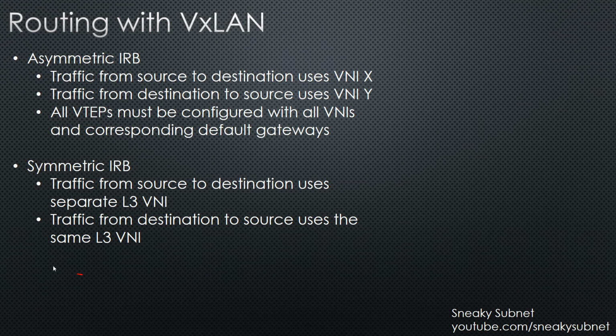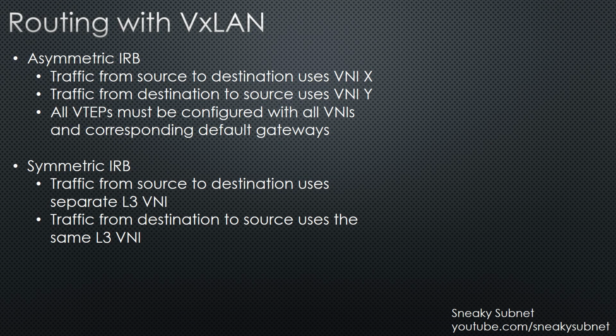Now we need to talk about routing, which means situations when host number one is in VNI 1 and subnet 1, and host number 2 is in VNI 2 and subnet 2, so broadcast domains and subnets are different. There are two approaches for routing, which are called Asymmetric IRB and Symmetric IRB. IRB stands for integrated routing and bridging, I believe.